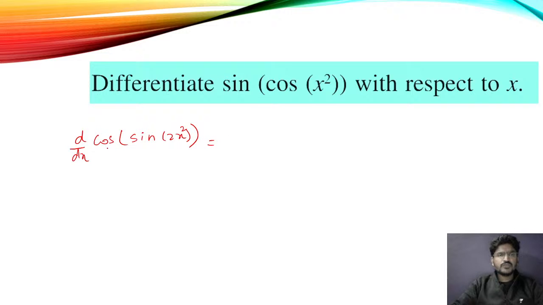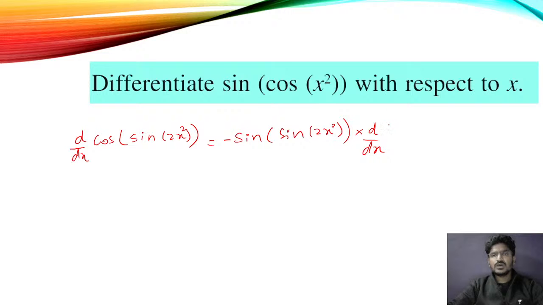Here first we have to differentiate cos, it will be minus sin of sin 2x square multiplied with d by dx of sin of 2x square multiplied with d by dx of 2x square.